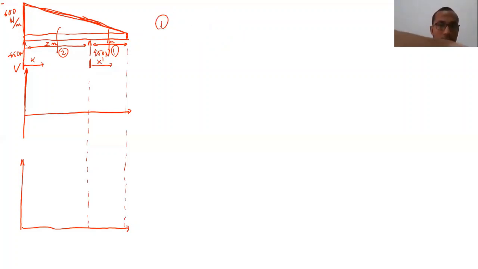Remember that this will work for x 2 meters until 3 meters, or between x-axis equal to 0 and x-axis equal to 1 meter. Okay, in the calculation, I will use x-axis instead of x because it will be easier for me.